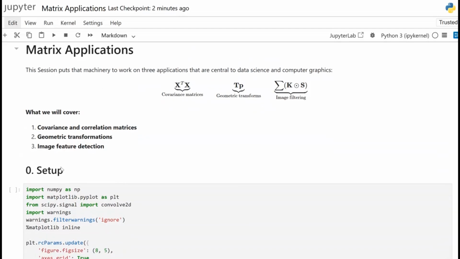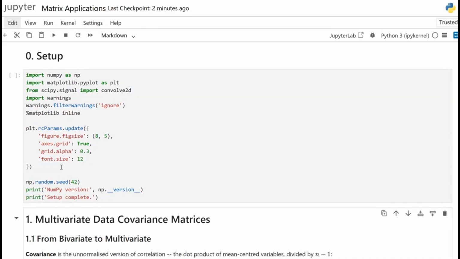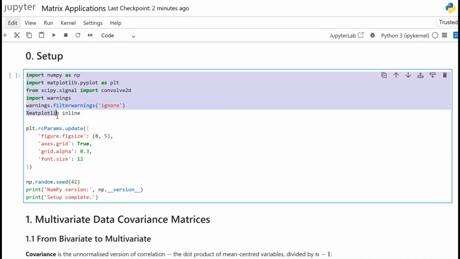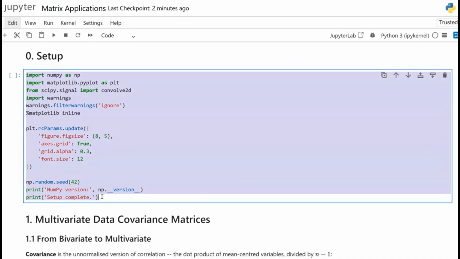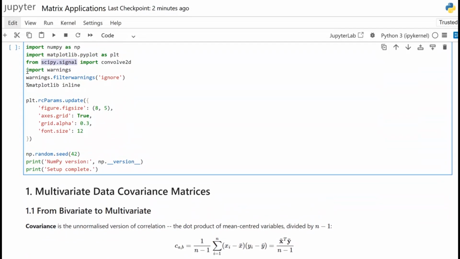And before that, let us include our necessary libraries. Dear friends, we have already discussed this in our previous sessions also. NumPy for numerical Python, Matplotlib for plotting. We have already discussed those warnings and default parameters.